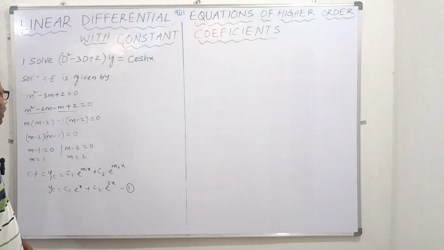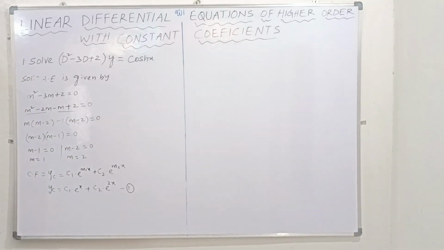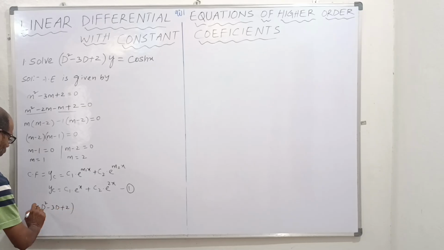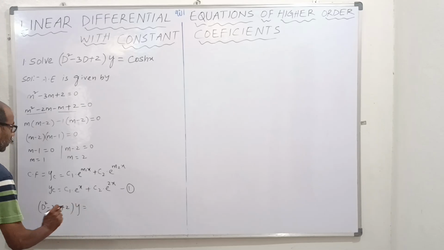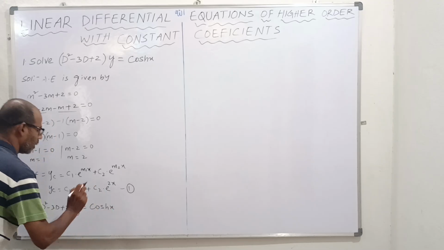So now since we have the right hand side function, we need to find out the particular integral. So we will do that one. Okay. So now, the given equation, what is the given equation? (D square minus 3D plus 2) y is equals to cosine hx.